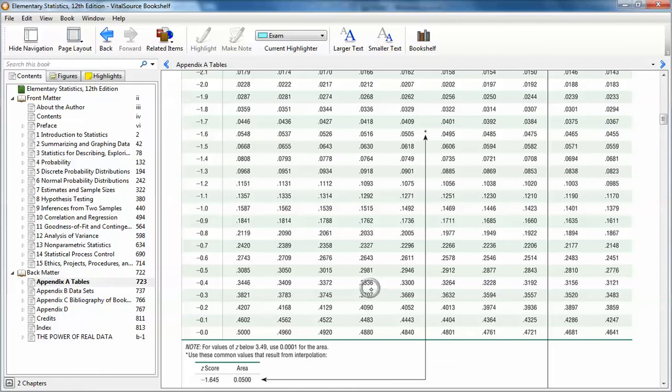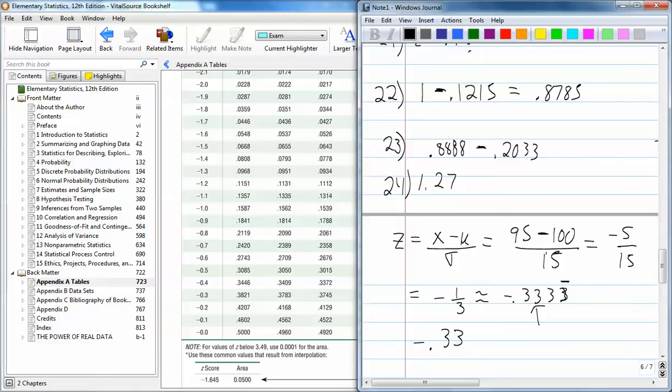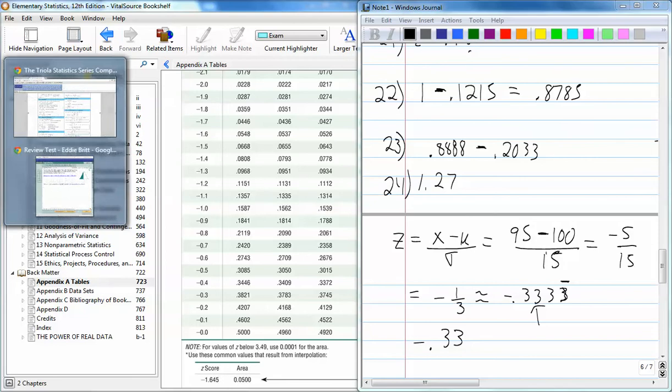Alright, now this right here, this is negative 0.3, and then this is the 0 column, the 1, the 2, the 3. So this is the area for a z-score of negative 0.33, 0.3707. Go back to our problem. That will be the answer, 0.3707.